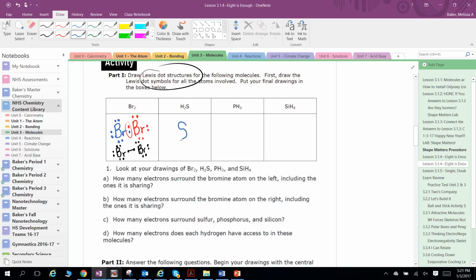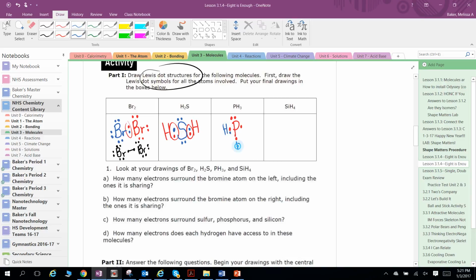H2S. I know sulfur has 2 lonely electrons, so what if I put 1 on each side, and then I draw my hydrogens on either side with their 1 electron. These are sharing, these are sharing. PH3. P has 5 valence electrons, which means 3 are lonely.